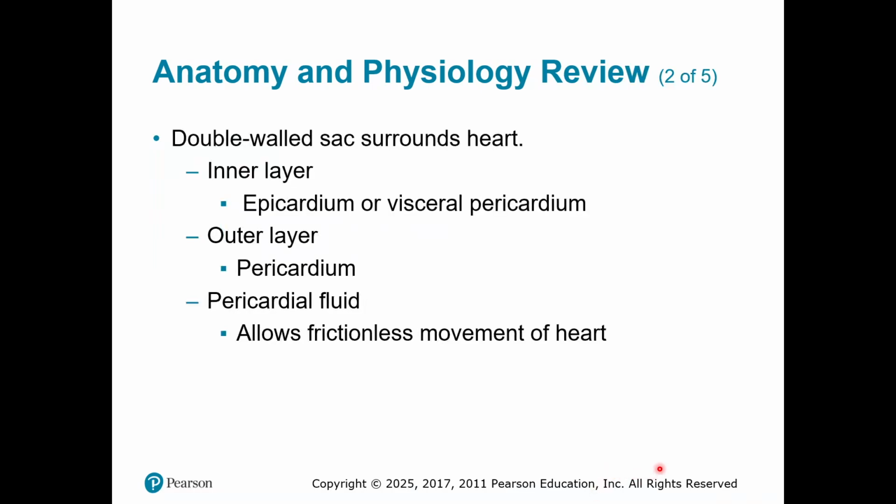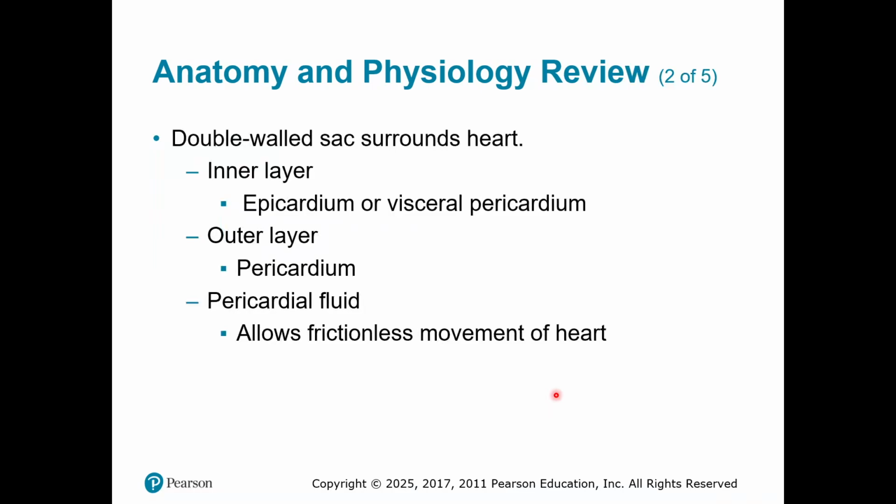So it has a double-walled sac that surrounds the heart. The inner layer of that sac is known as the epicardium or the visceral pericardium, and the outer layer is known as the pericardium. Pericardial fluid allows frictionless movement of the heart, and I like to think of that layer like a very thin layer, such as you might see on Italian sausage.